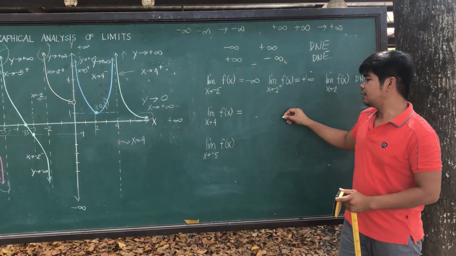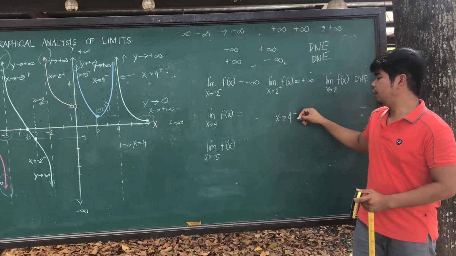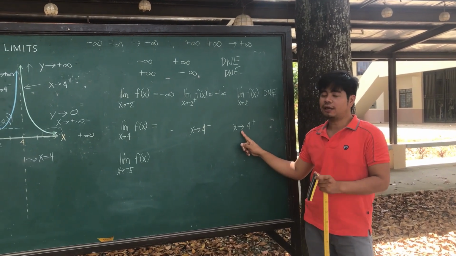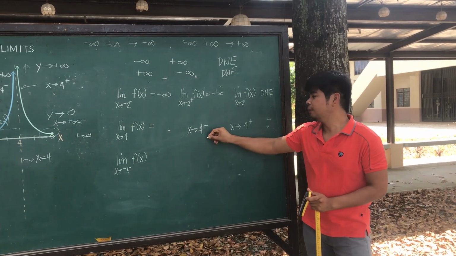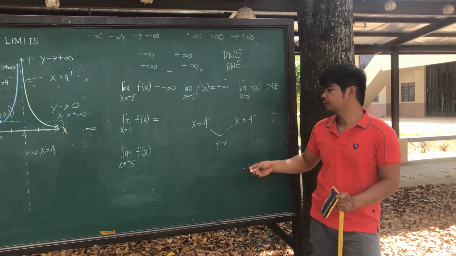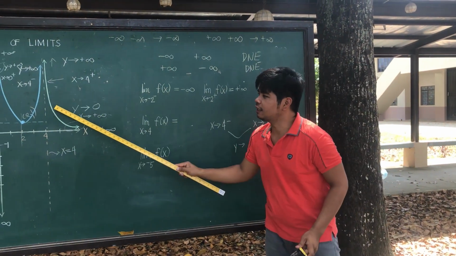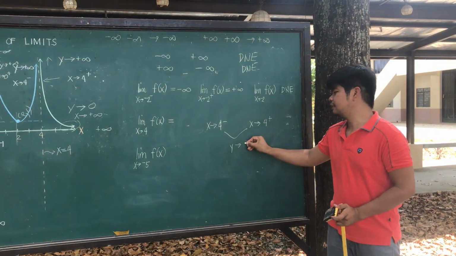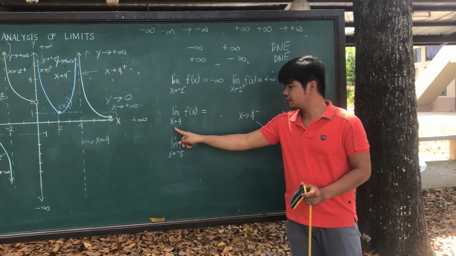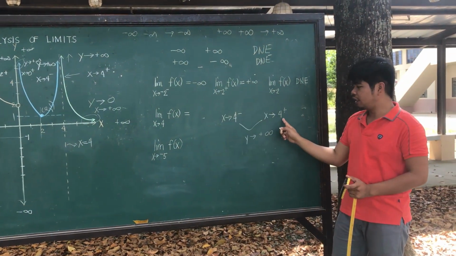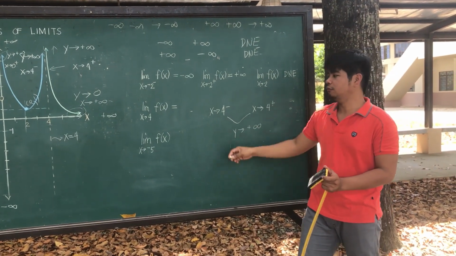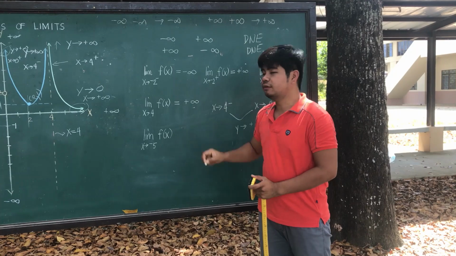Therefore, when x approaches left of 4 and when x approaches 4 from its right, both emphasize that the behavior of y keeps on increasing. Kasi nakikita natin ang graph dito, no? It keeps on increasing, so that is positive infinity. Therefore, limit of f of x as x approaches 4 in reference to left and right, which make y keeps on increasing without bound. So this is also positive infinity.